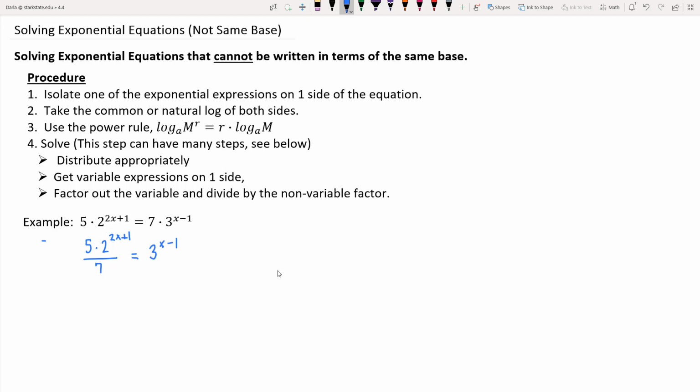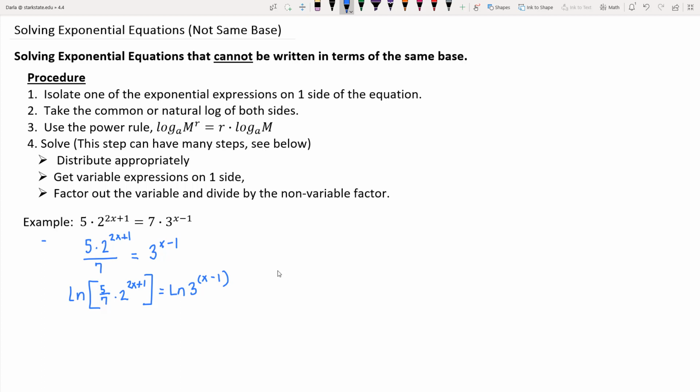So that isolates that exponential expression like we want, which then allows me to apply the natural log to both sides. And so I'm going to go ahead and write this as the natural log of 5/7 times 2 to the 2x plus 1 equals the natural log of the right hand side, which is 3 to the x minus 1.